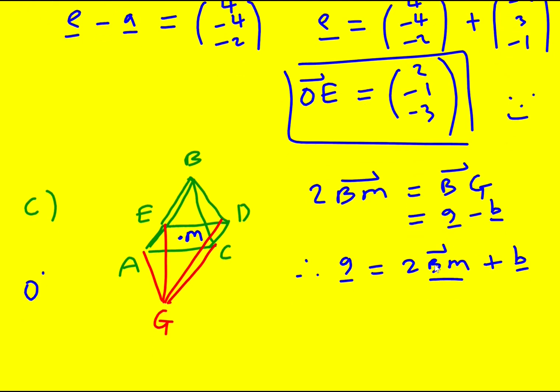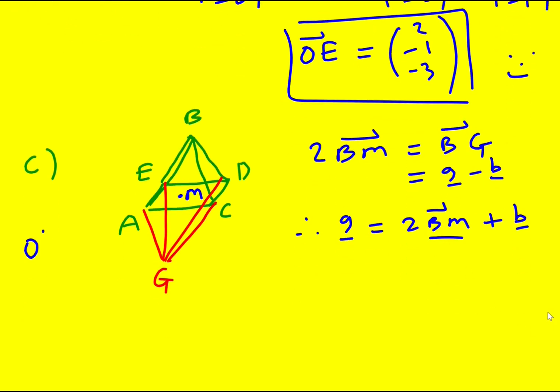So we just need to work out BM. Well, BM, okay, I don't know that point. How can I get from B to M? Well, I could go from B to A, and then from A to M. But A to M is actually going to be a half of A to D. Actually, at no point have I worked out the position vector of M, which I could do.